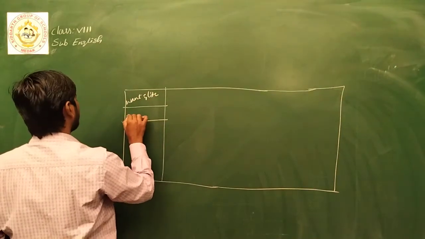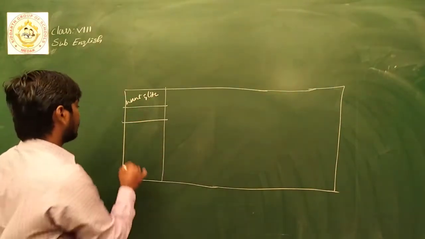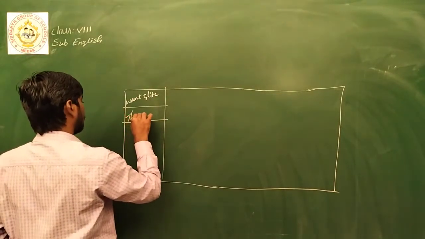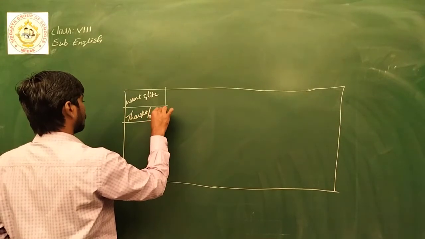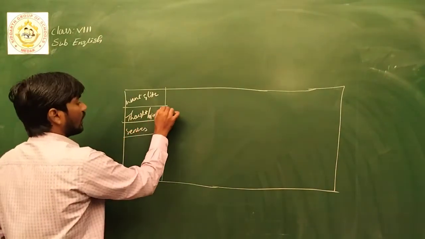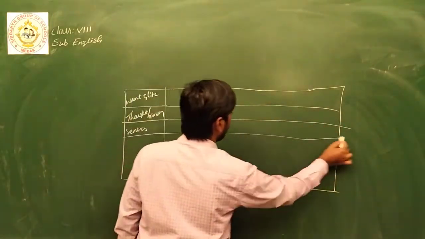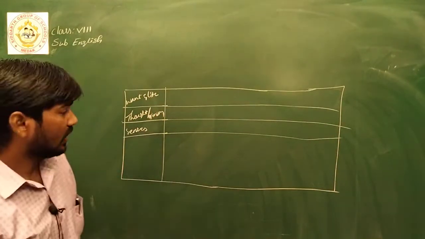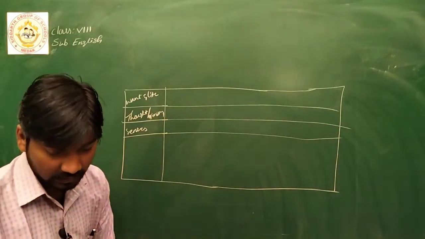Next: possession, relation, thoughts and opinion, senses. I already gave these in the previous class, right? Which word is related to senses? Which word is related to thought and opinion? I gave these in the previous session, right? So possession and relation.